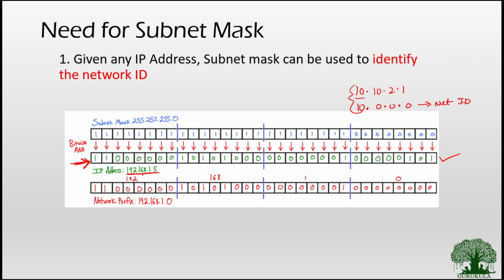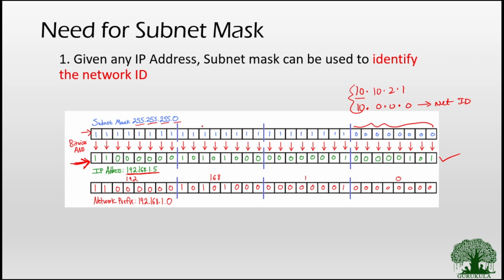We very well know that this belongs to a class C IP address, and for a class C IP address the first 3 bytes of information represent the net ID, and the last byte of information represents the host ID. So in the subnet mask, we put all ones representing the network, and all zeros representing the host.